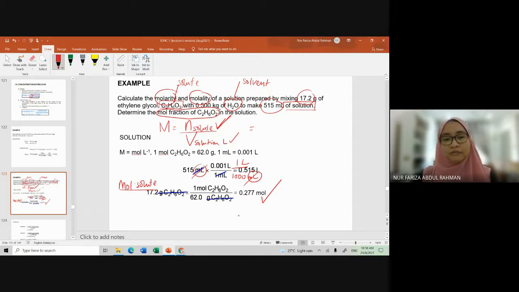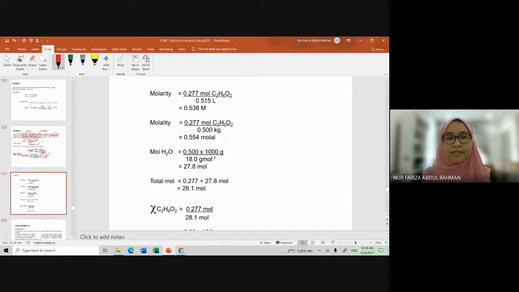We're still going to be using the mole, and then next would be the mass of solvent, which is this one. This is molarity and this is molality. The unit can be molar or mole per liter, that means mole of solute per 1 liter of solution.